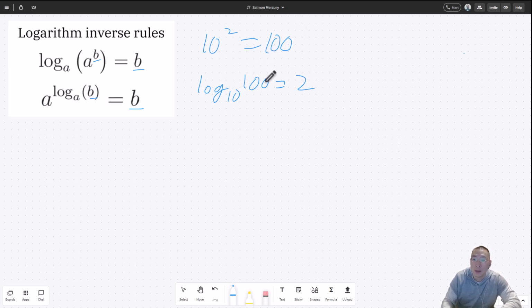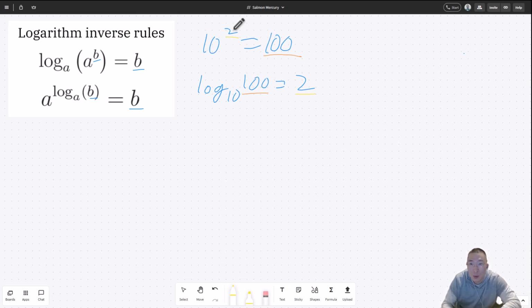We have a 100 here, and I'm going to use another color. Let's use yellow. If we replace this 100 with the 10 squared, we get this equation here.